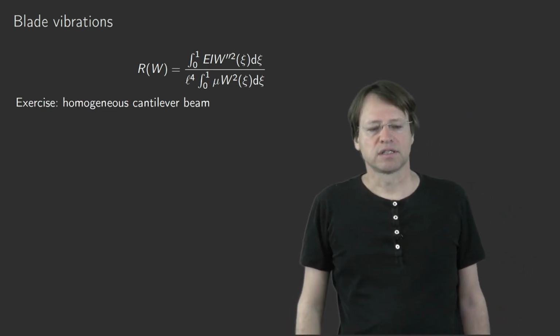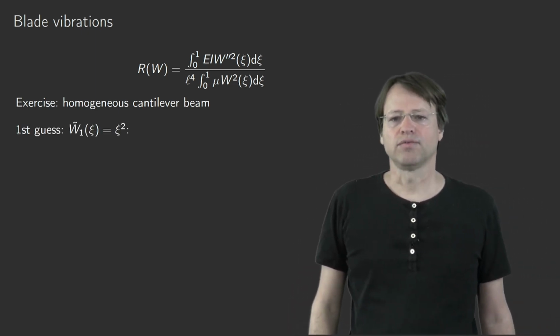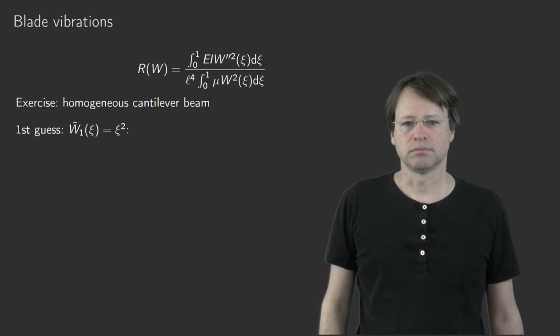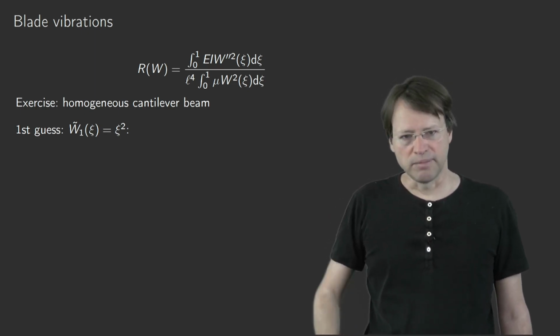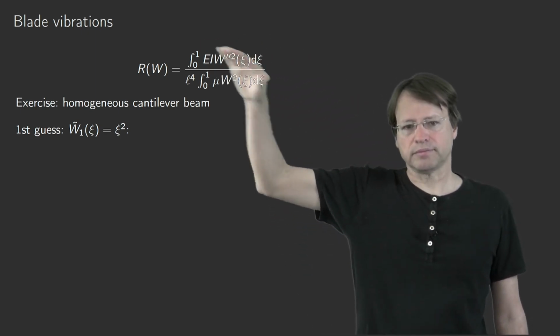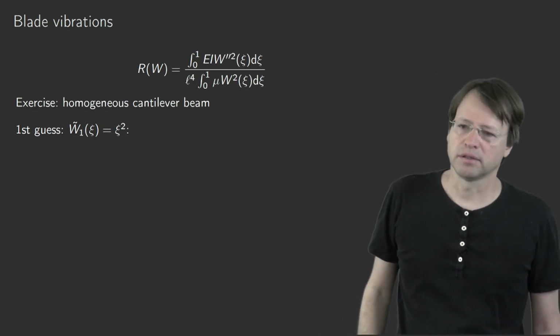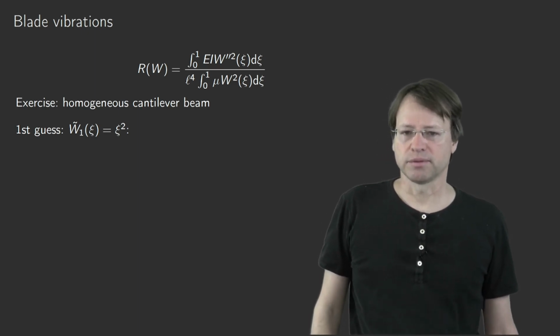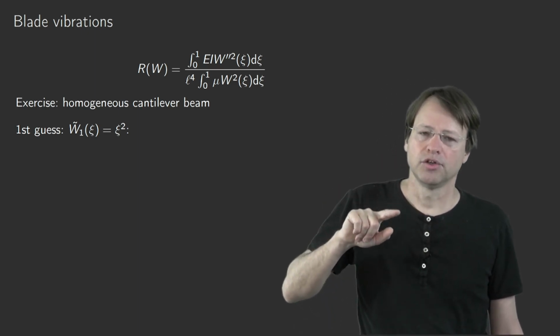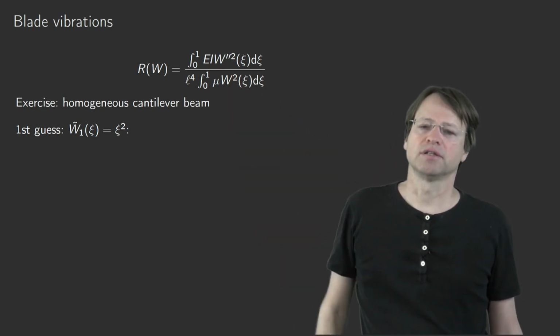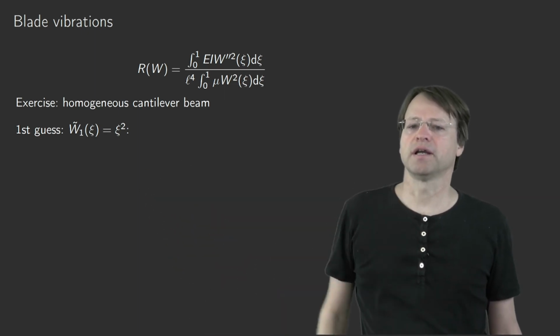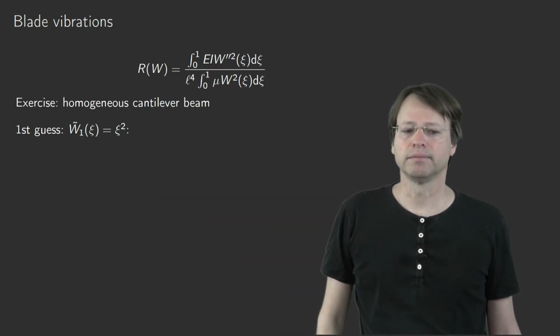A first guess for the first mode shape: you look at a function where you have to satisfy the geometric boundary conditions, and you remember it was a function that has no zero crossing, so we take xi squared between 0 and 1.